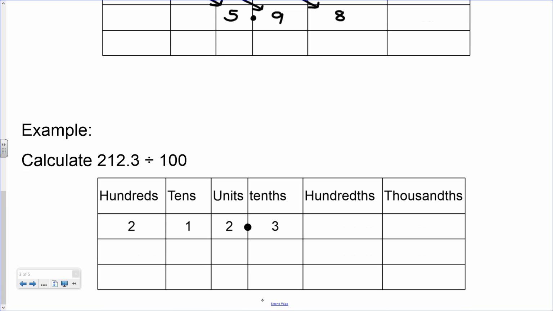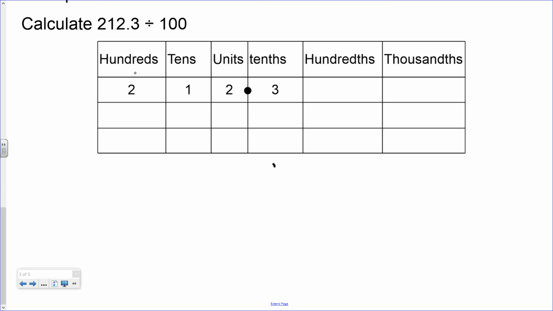Okay, let's look at another one. So this time we're dividing by 100. We've got 212 divided by 100. So again, if we think about 200 divided by 100, that just becomes 2. So we're going to move that 2 over into the units column. And then everything else is going to follow. So the tens are going to become tenths, so they're going to move over.